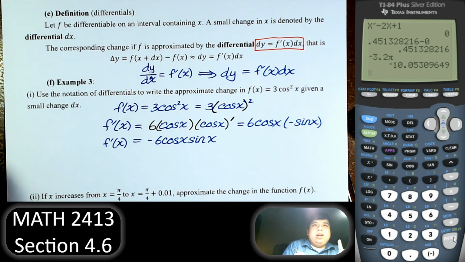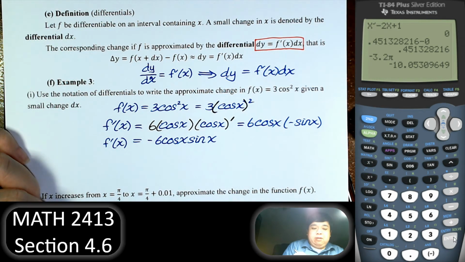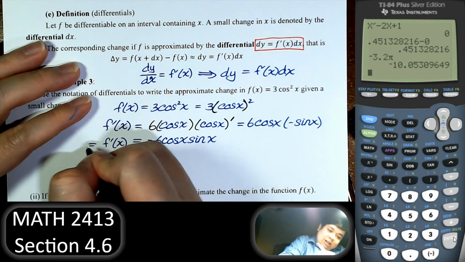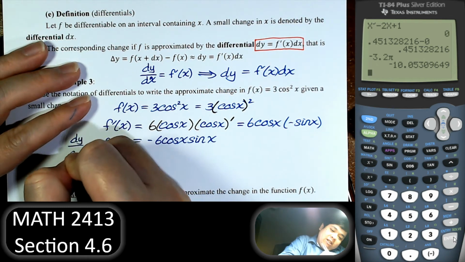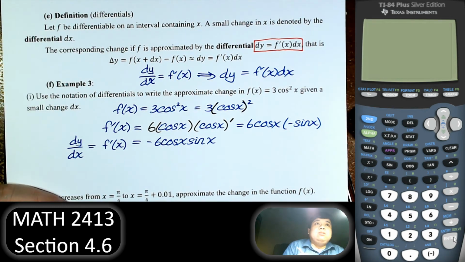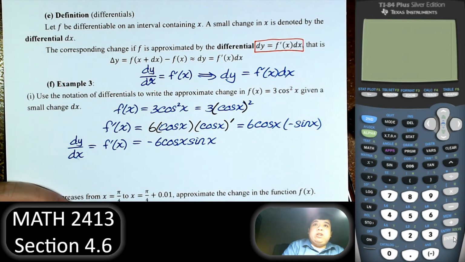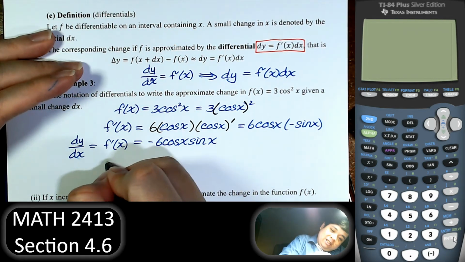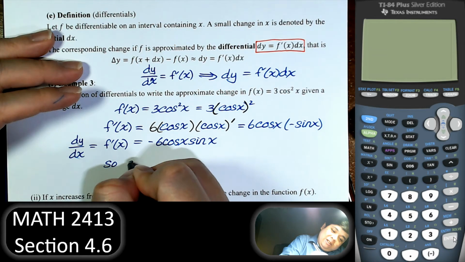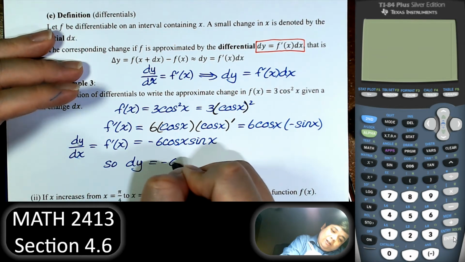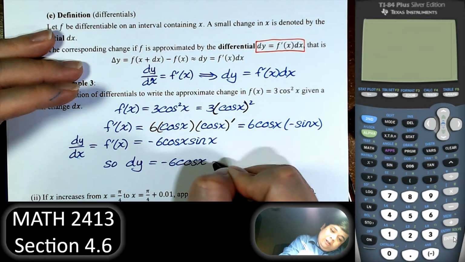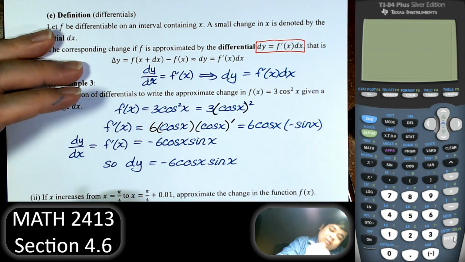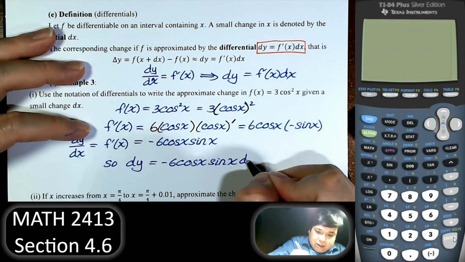Now, we did say that the notation for the derivative is dy over dx. Just need to move the dx over, and that would be it, times dx.